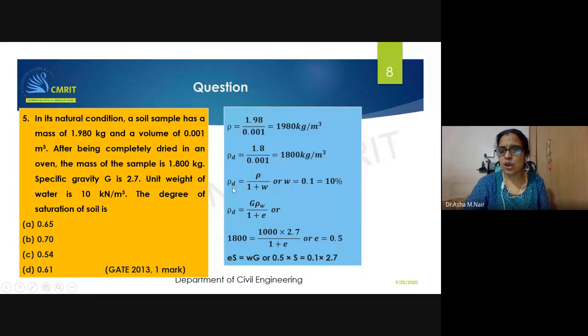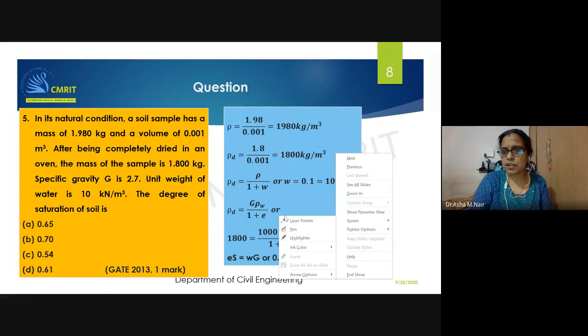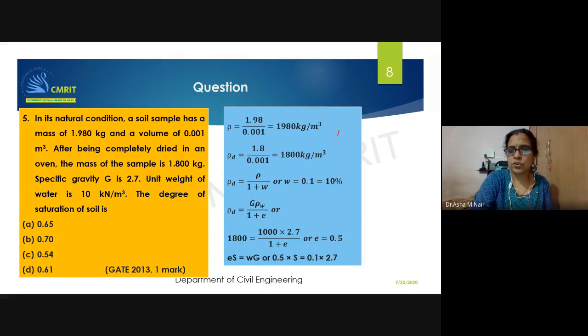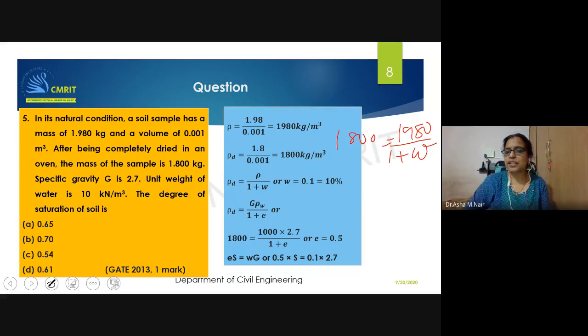Substituting, 1800 is equal to 1980 divided by 1 plus w. You get the value for w as 10 percent, because it is 1980 divided by 1800 minus 1, which is nothing but 10 percent.